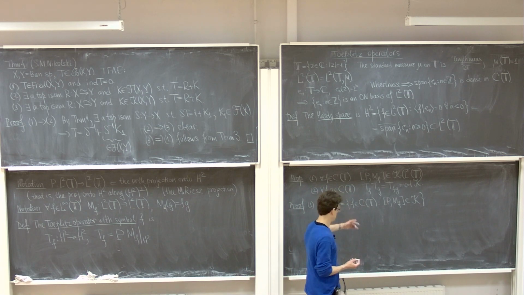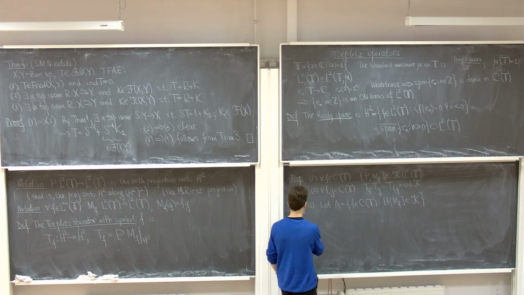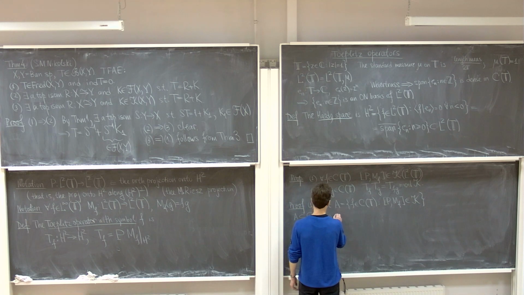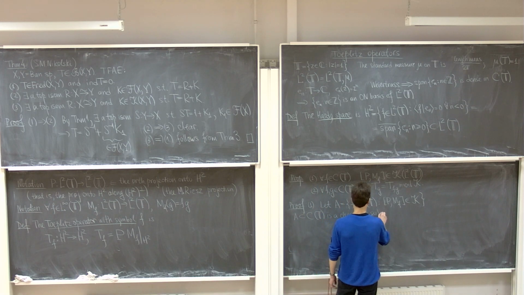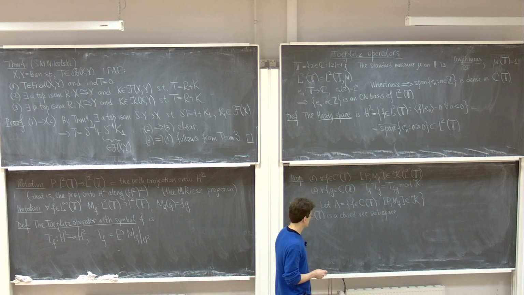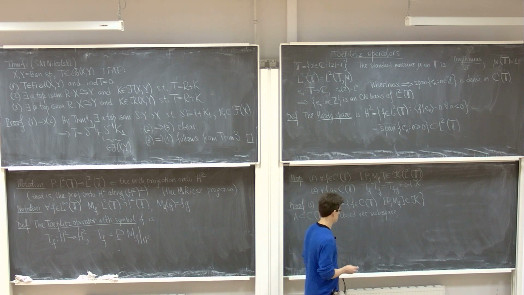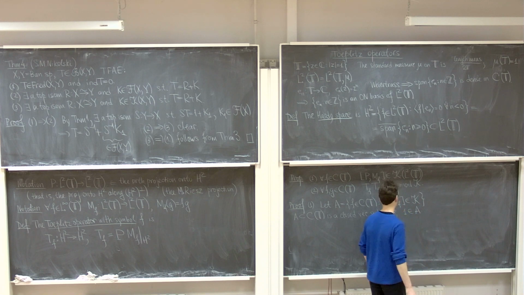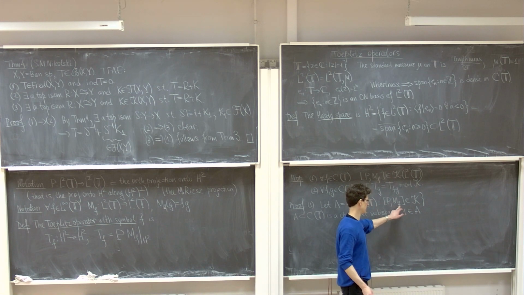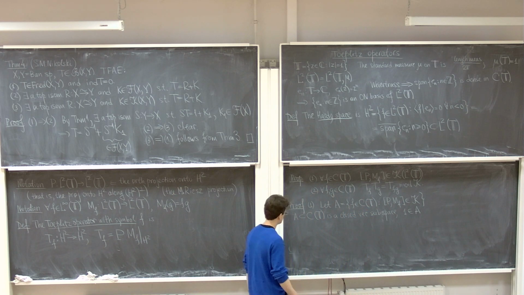It's clear from this definition that A is a closed vector subspace of C(T). And clearly it contains the function which is identically 1, because if f is identically 1, then this is just the identity operator. I claim that A is actually a subalgebra of C(T).